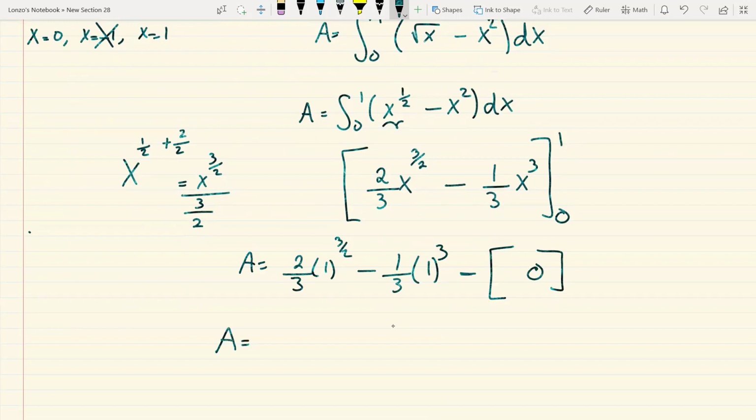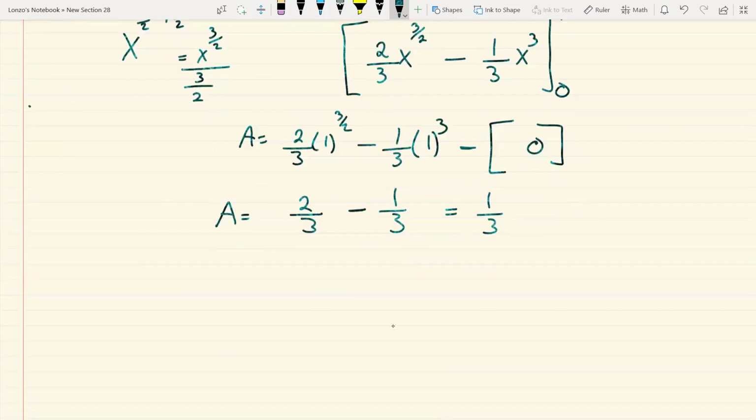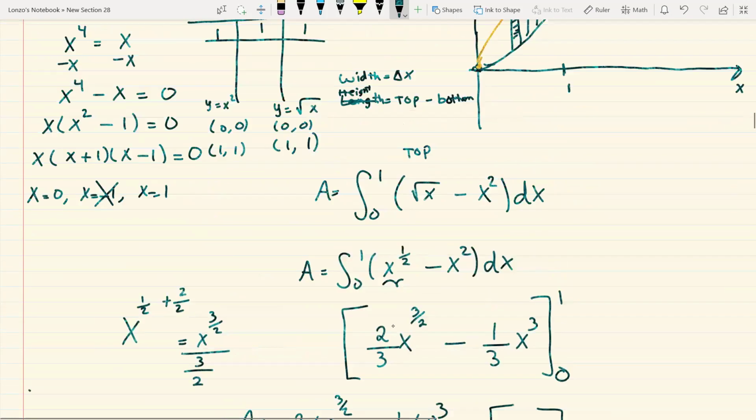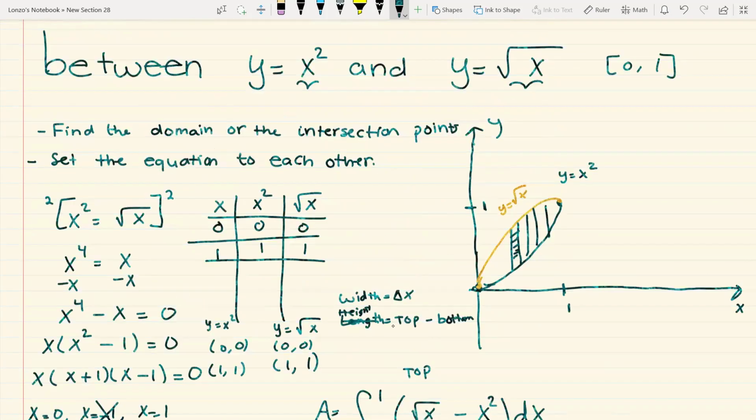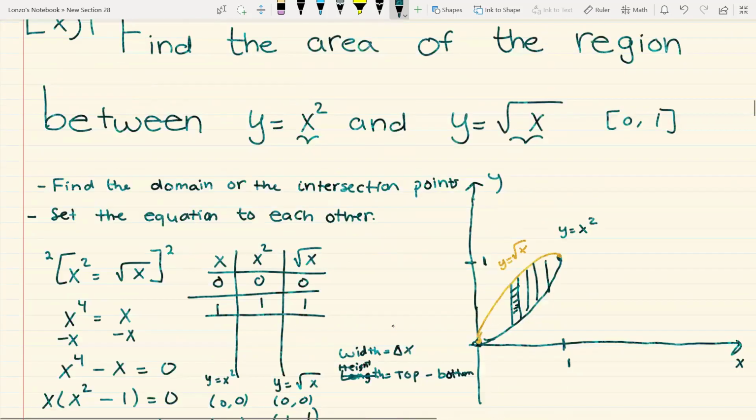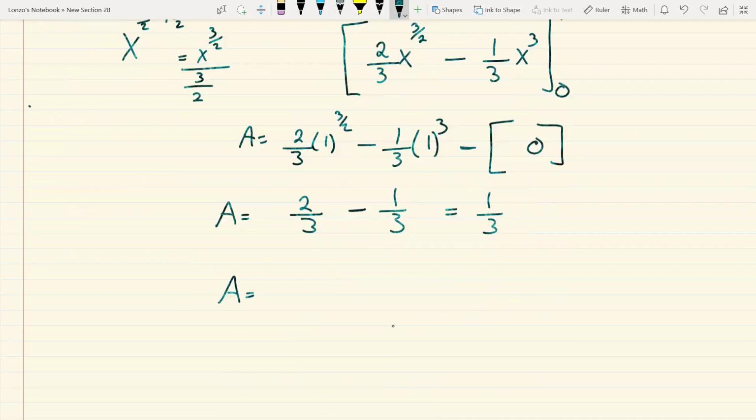So 1 raised to the 3/2 is 1, so you have 2/3, minus 1 raised to the 3rd is 1, times 1/3 is 1/3. So that would be positive 1/3. Okay, so my area under these two curves is 1/3.